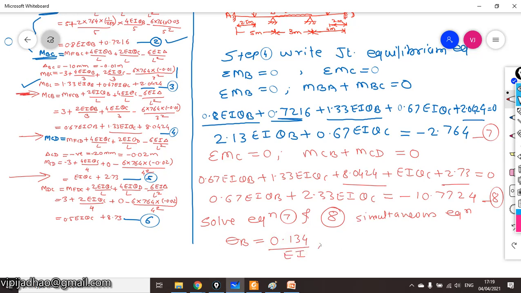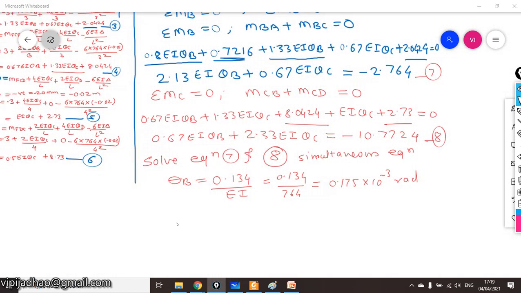We have value of EI as 764. So you can put here 0.134 divided by 764, that is equal to 0.175 into 10 raised to power minus 3 radian. This is the value of theta B in terms of radian.